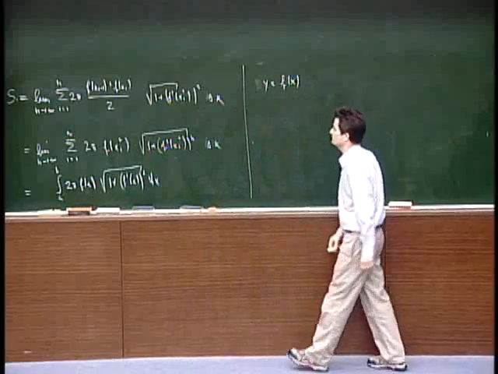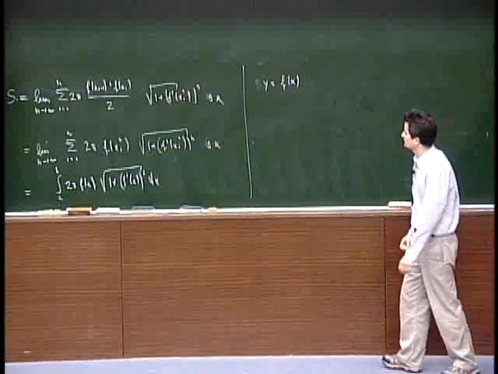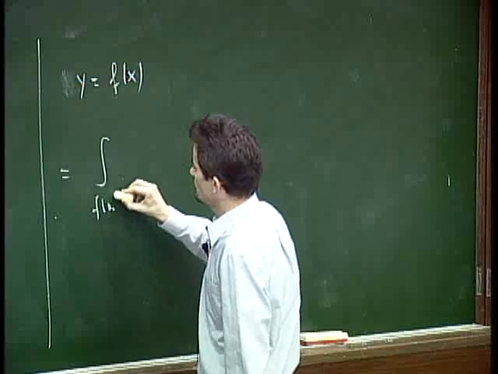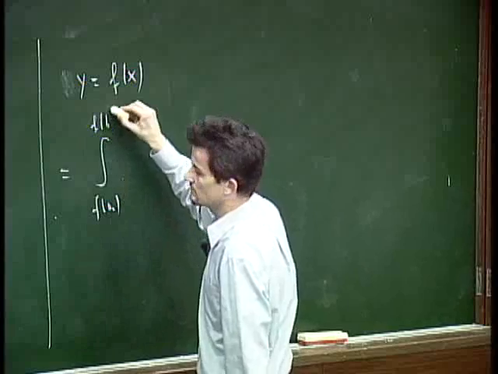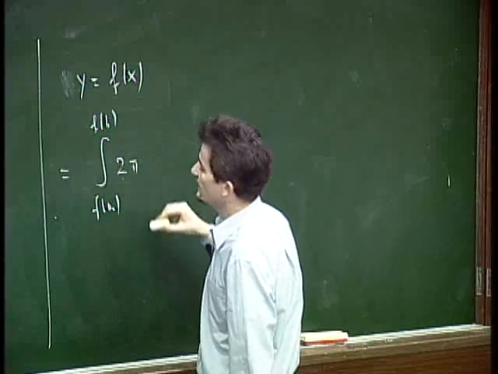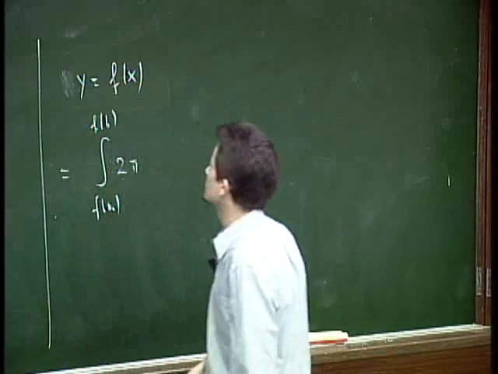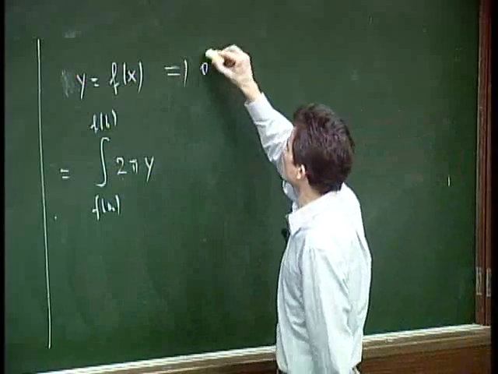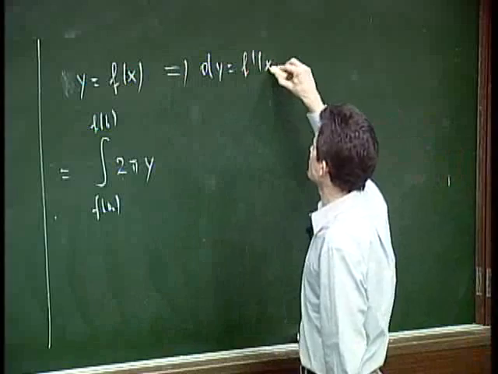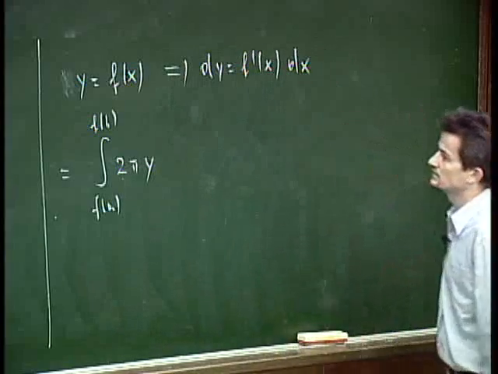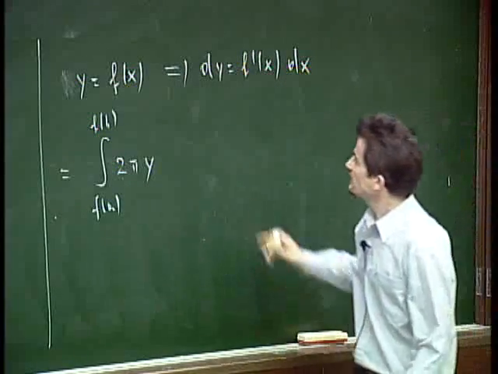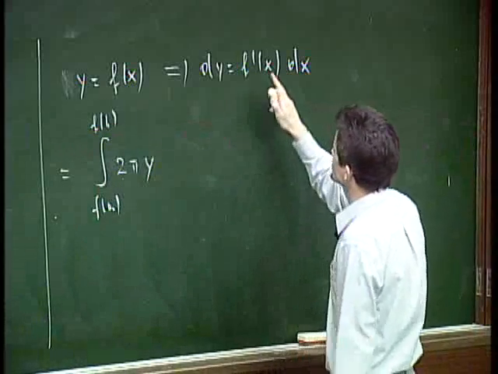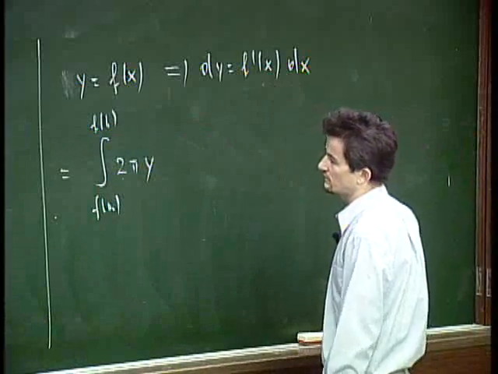if we substitute f of x to be equal to y, then you can rewrite this as the integral from f of a to f of b, 2 times pi, and here the f of x becomes y by the substitution. So this is a new symbol now. And dy is the derivative of f of x times dx. So for dx, you have to plug in dy over the derivative of f of x.